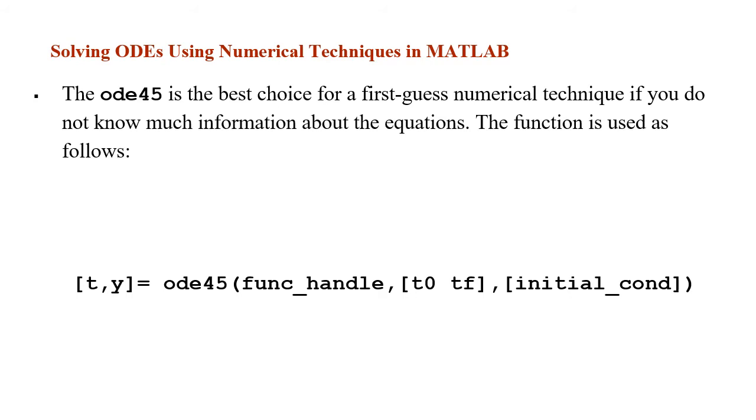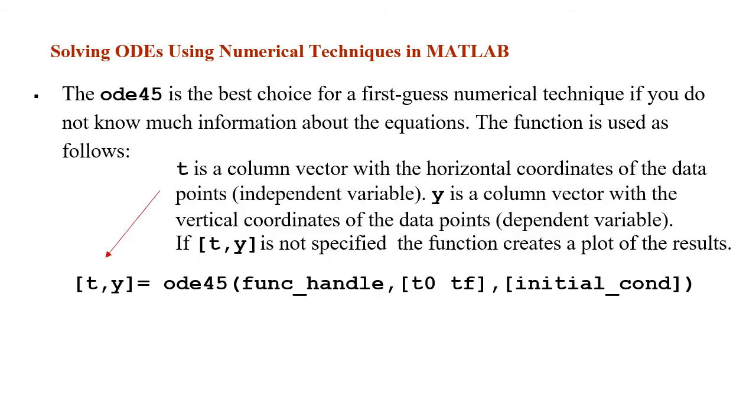The function is used as follows. It has two outputs. First is the independent variable, or the x coordinates, usually time. And the second is the vertical coordinates of the data points, or the dependent variable.